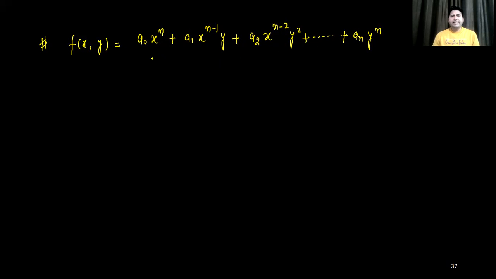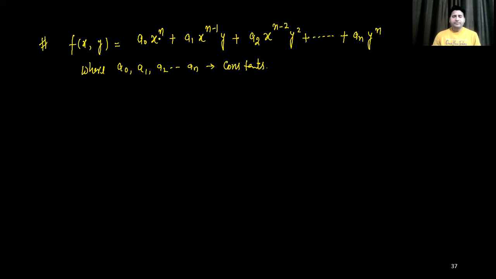This is the standard notation of a homogeneous function. Before that, I am just telling you the coefficients a0, a1, a2 up to an are constants.